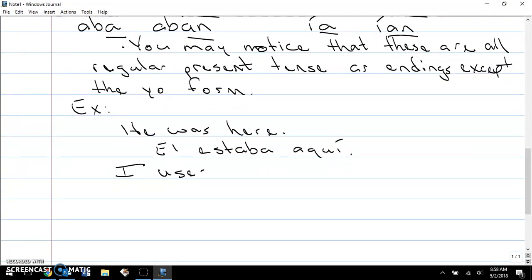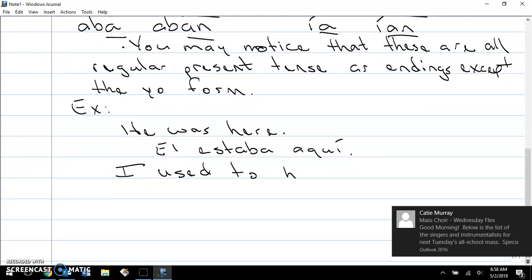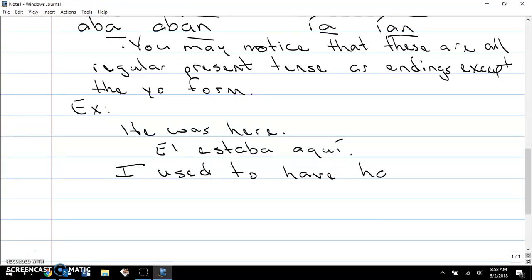I used to have hair. Now, notice here, no specific instance, okay, no time mentioned. This just kind of goes with a setting or description, okay?